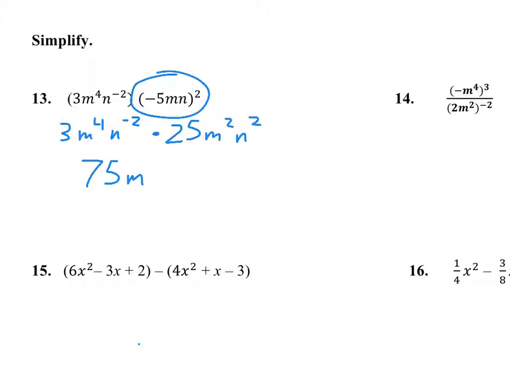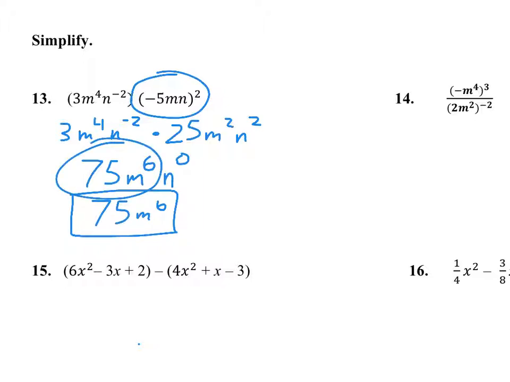Add the exponent for m. Add the exponent for n. So -2 plus +2 is 0. And we know that n to the 0 is just 1. So we have that times 1, which is just itself.